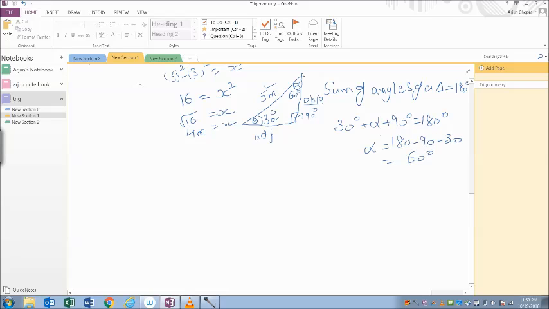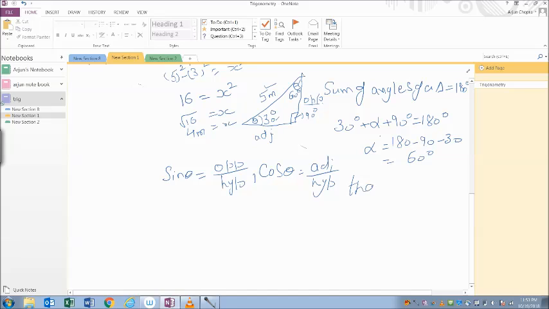There are 3 trigonometric ratios which we will use. One of those trigonometric ratios is sine theta. So sine theta is opposite upon hypotenuse. And the second trigonometric ratio is cosine theta, which is adjacent upon hypotenuse.